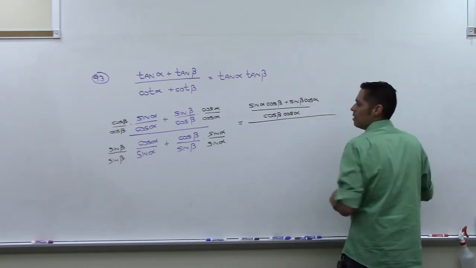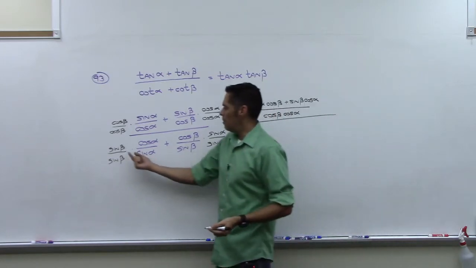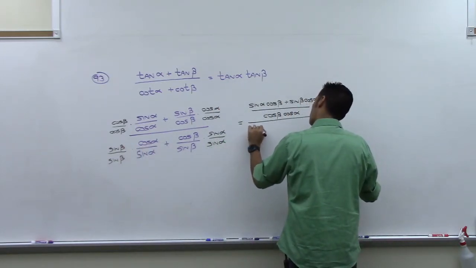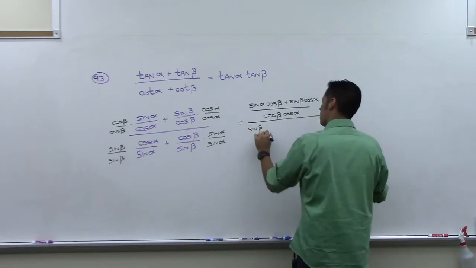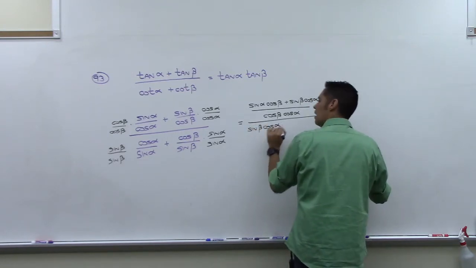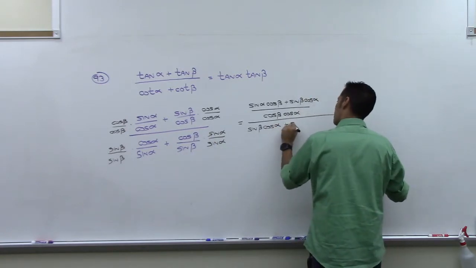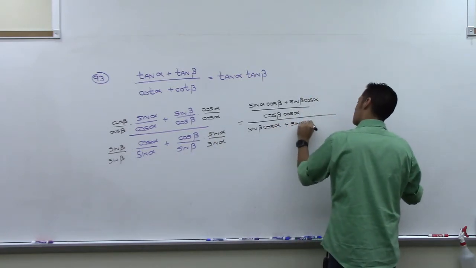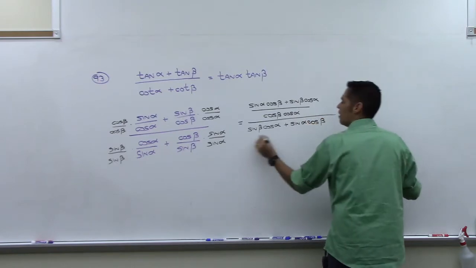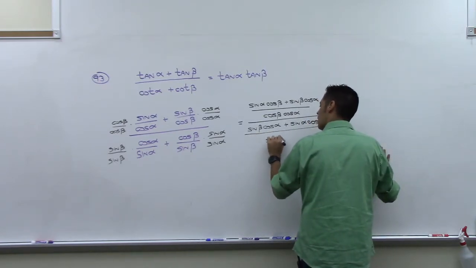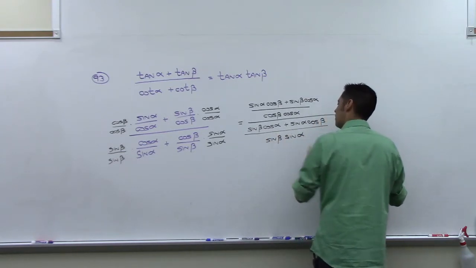And then on this one, same kind of story. I'm going to have sine beta cosine alpha, and then another plus. And then here, this is going to be sine alpha cosine beta. Then all of that over the common denominator, which is sine beta sine alpha.